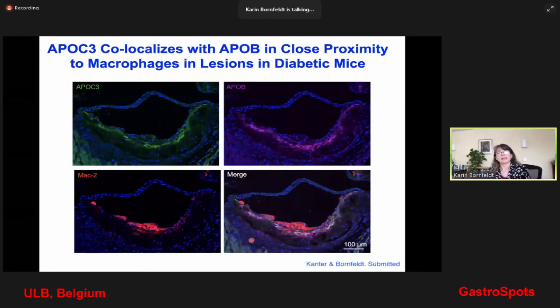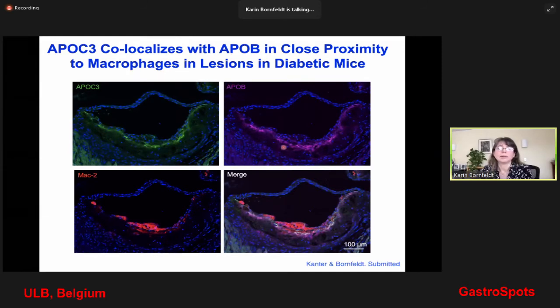We've recently started to look more closely at the co-localization of ApoC3 with ApoB and macrophages in lesions of diabetic mice. And here is an example of a lesion that was co-stained for ApoC3, which is this green reaction product here, ApoB, which is this purple reaction product.